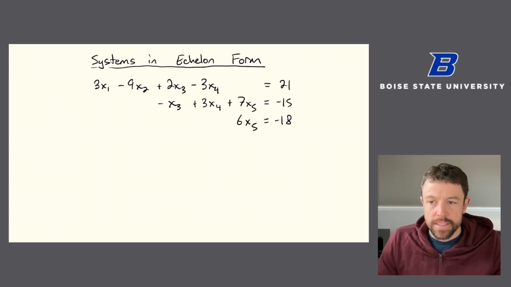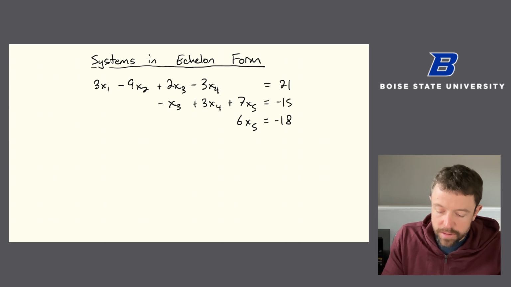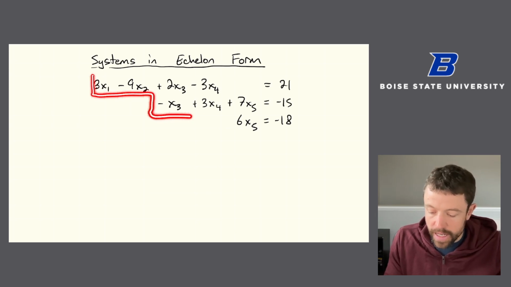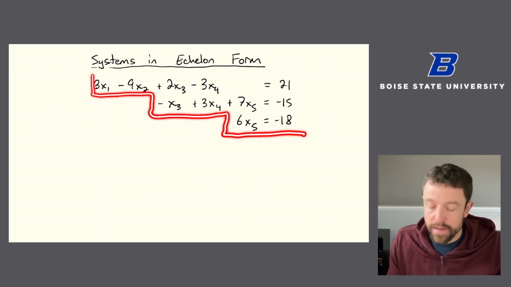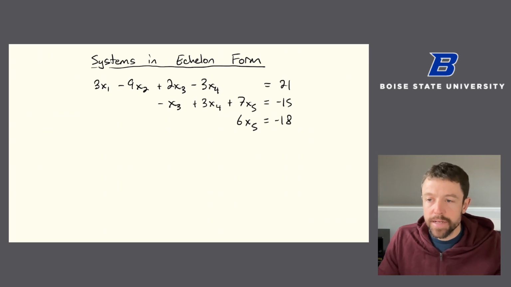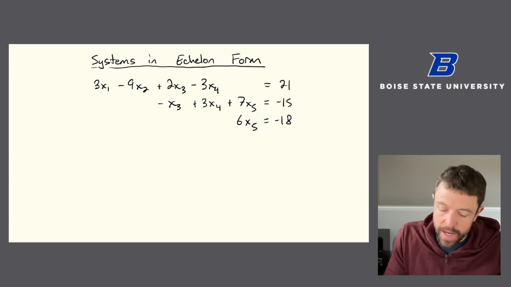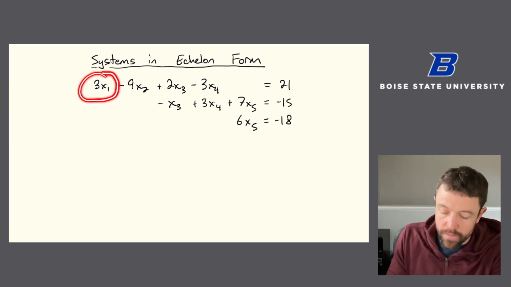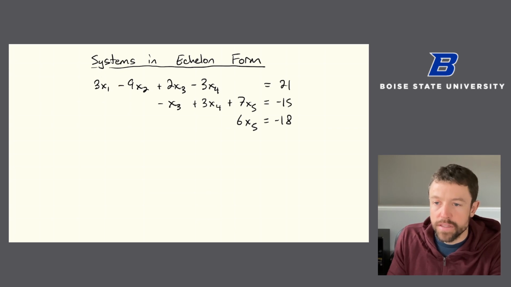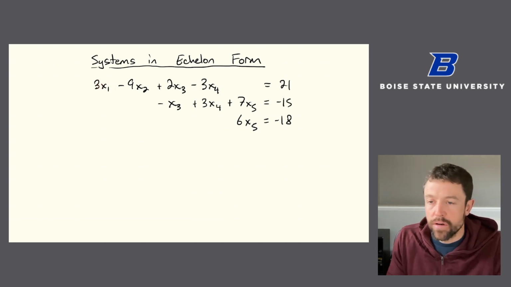What makes this system in echelon form? Well, it's not triangular, but we have a similar sort of staircase pattern as we move down and to the right. The idea is that in a system in echelon form, the first variable with a non-zero coefficient in the first equation is x1, or whatever it is.